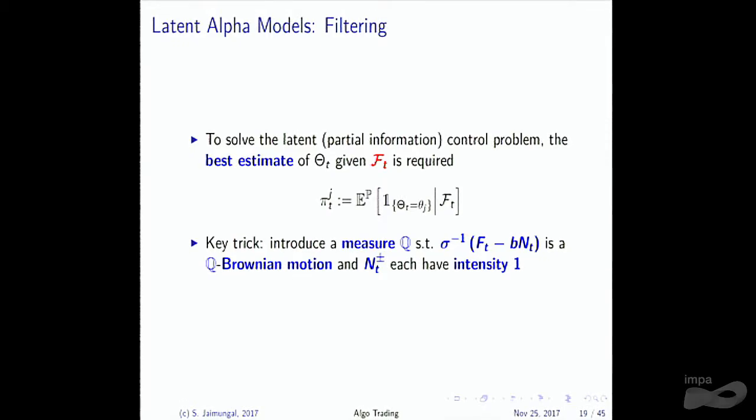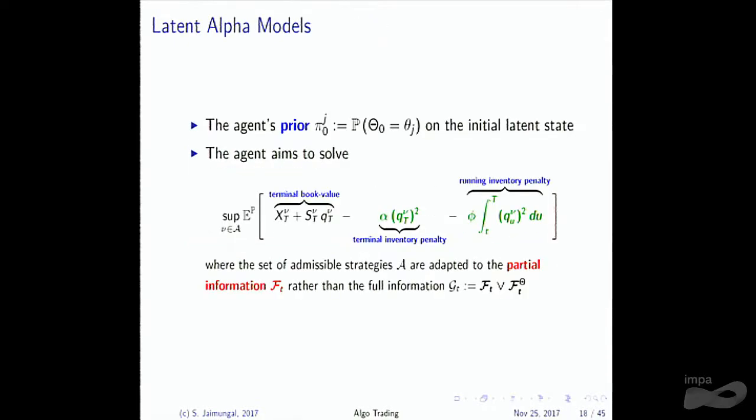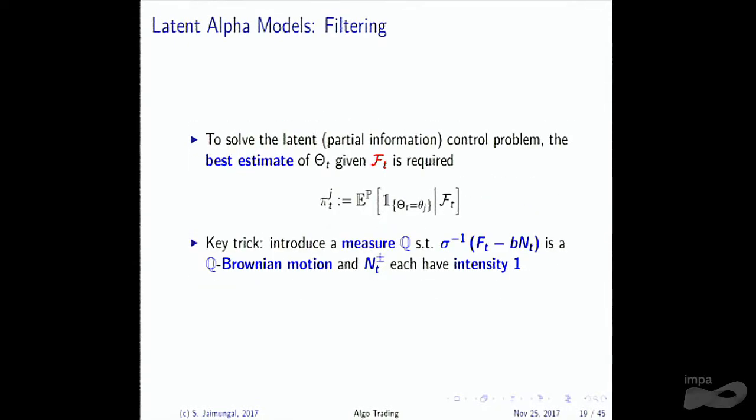But the key steps in deriving the results in this first version of the paper is to compute the posterior probability that the latent state is in a particular state, given the information that you have. And the key step in computing that probability is to introduce a new probability measure where the continuous part of your price process becomes a standard Brownian motion, and simultaneously the counting processes have a constant intensity, so one's a good choice.